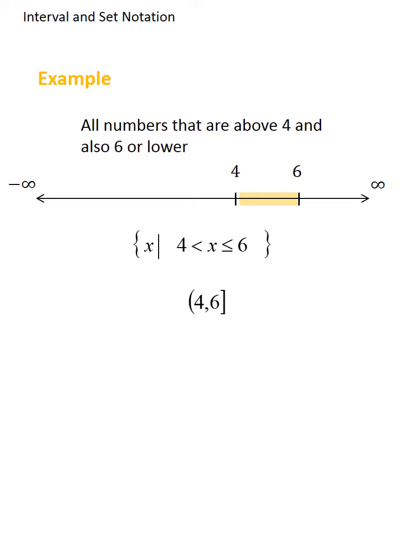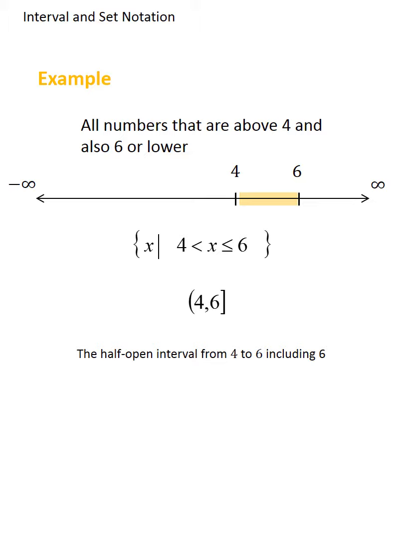In interval notation, we could describe it this way. Again, I'd like to remind you that the comma represents the word through, so this could be read 4 through 6 or 4 to 6. But I would call it a half-open interval from 4 to 6, including 6. A half-open interval, which I guess could be also called a half-closed interval, but traditionally we don't.